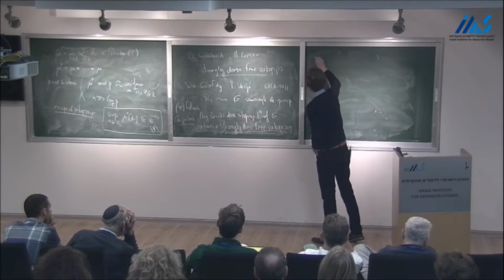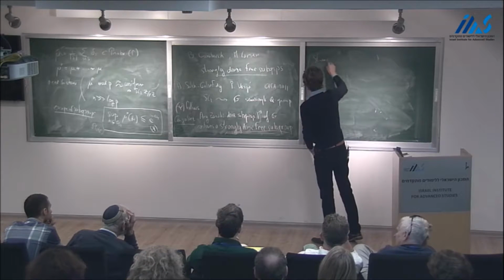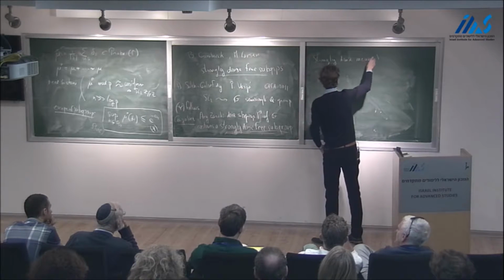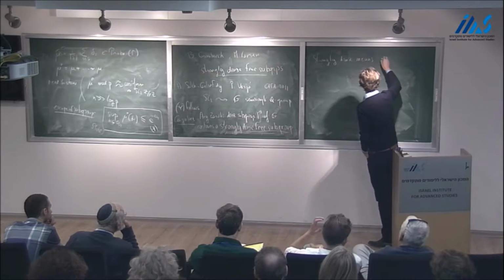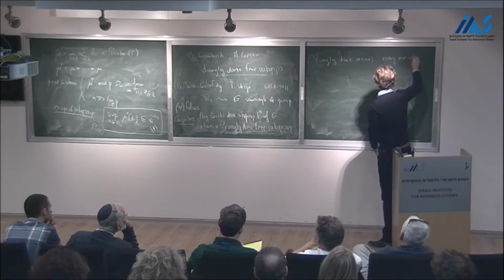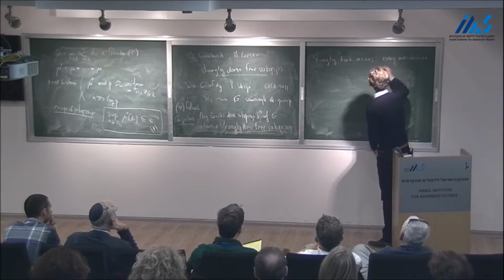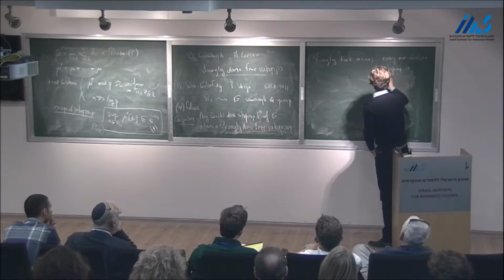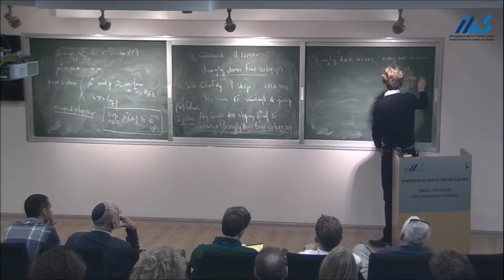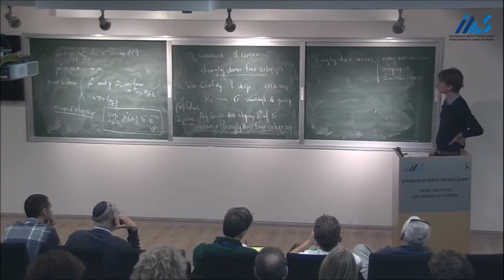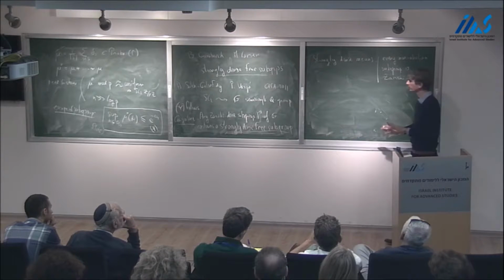Strongly dense means that every non-abelian subgroup is Zariski dense.